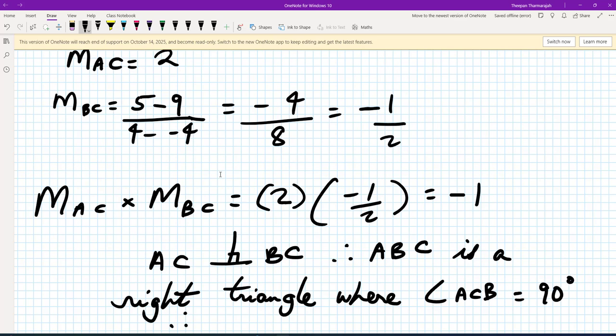Therefore, AB is the diameter of a circle. So that's part A.